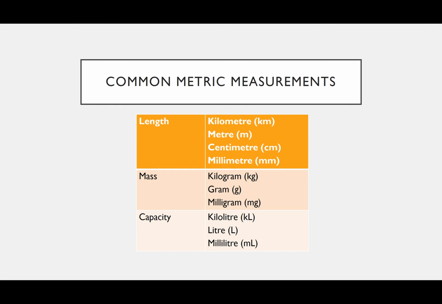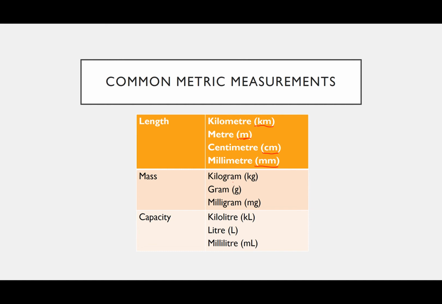Some common metric measurements. For length, we have kilometers, which can be written as km, meters, which can be written as m, centimeters, which can be written as cm, and millimeters, which can be written as mm.